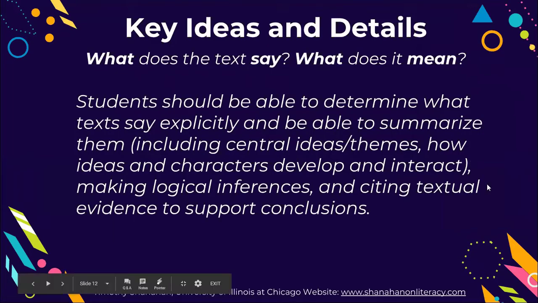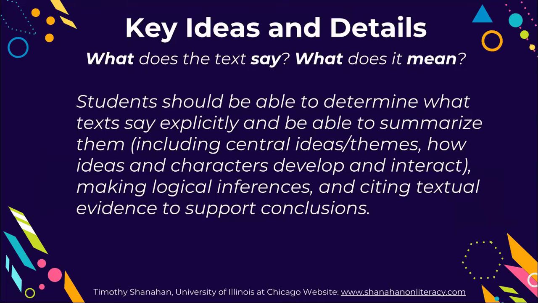Specifically from the standards, we can think about close reading in terms of the three different groups of standards, with key ideas and details being one aspect, where we would say, what does the text say and what does it mean?